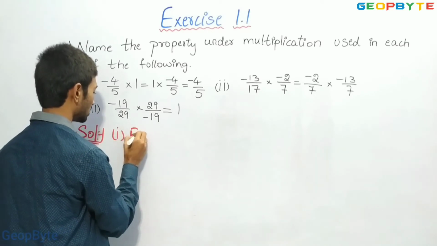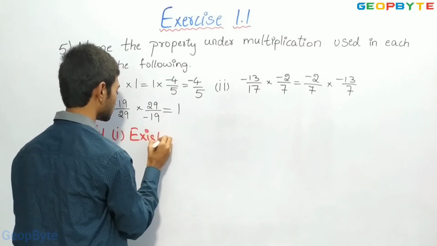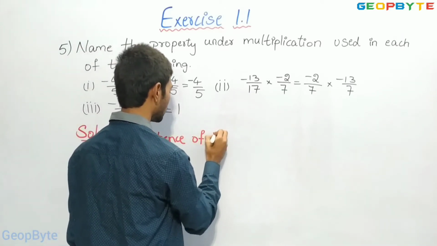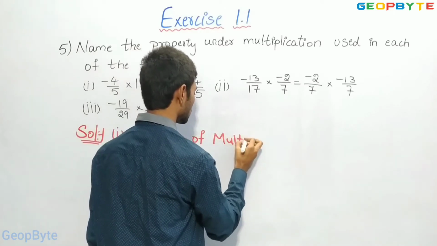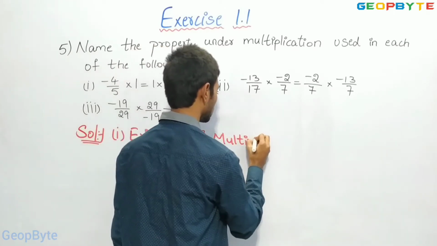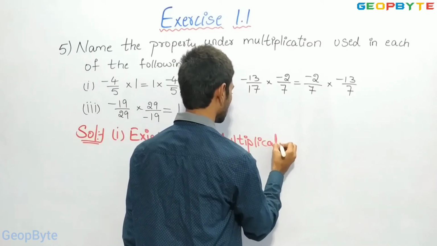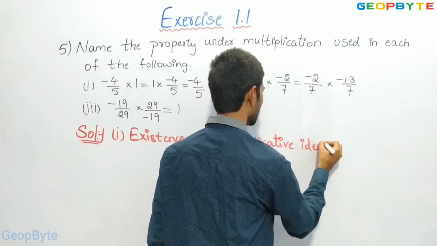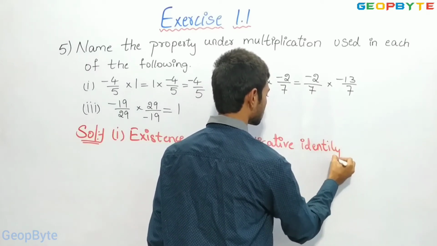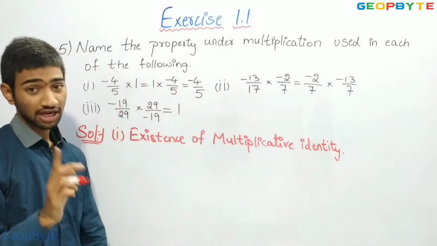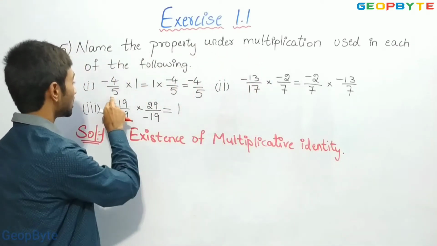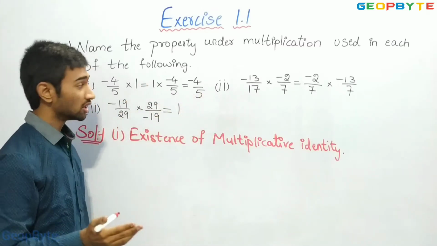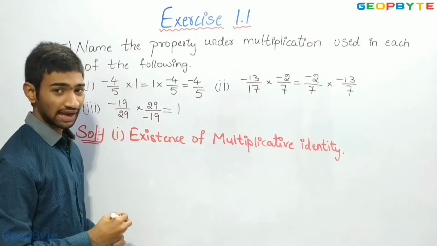So, existence of multiplicative identity is given as a into 1 equal to 1 into a equal to a. So, it is in the form of multiplicative identity.